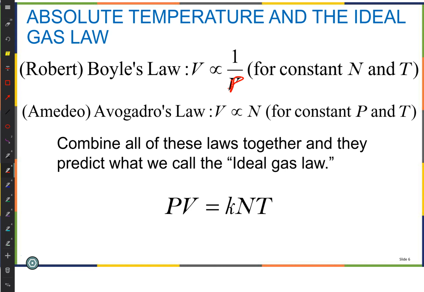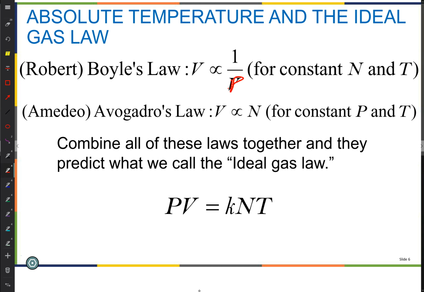And finally, Avogadro's law. Amadeo, at least I believe that's his first name, Avogadro was the person who noted that the volume of a gas is proportional to the number of molecules if the pressure and temperature is constant. And so we take those 4 laws and we put them together.